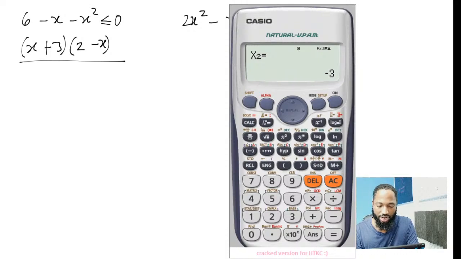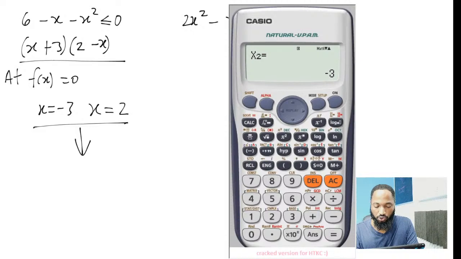You're assuming f of x is equal to 0, so x is equal to negative 3 and x is equal to 2. Once you get the values, you proceed. In other words, the long way is just factorizing to begin with.